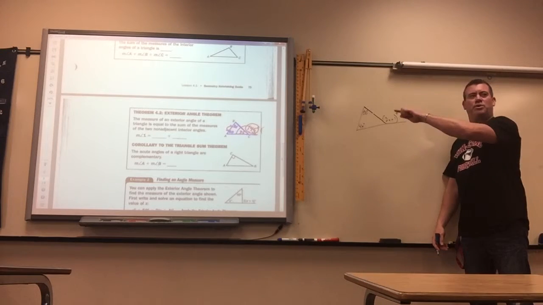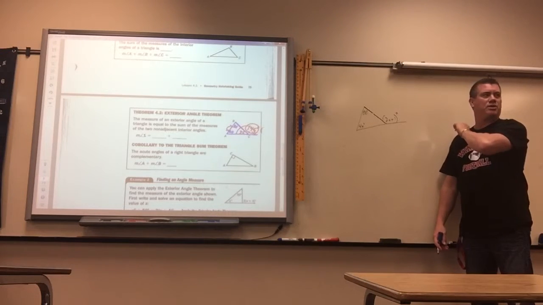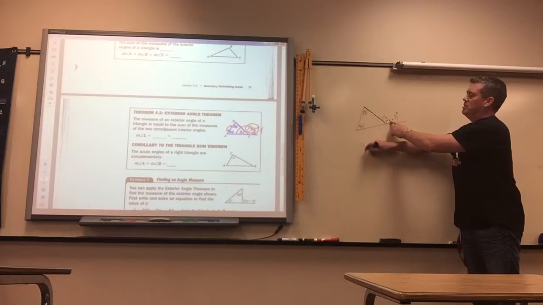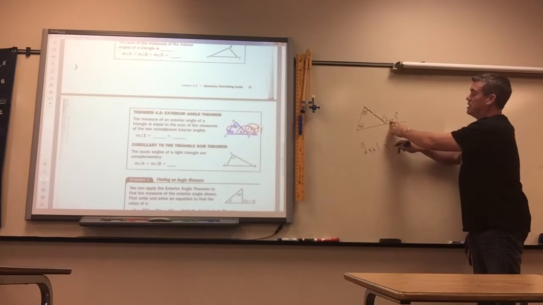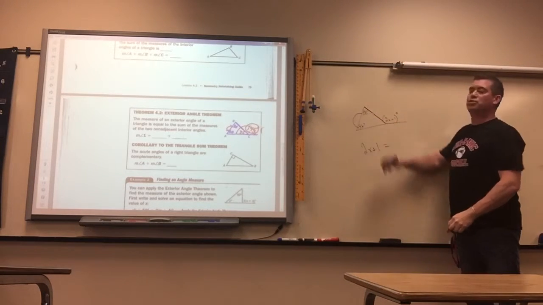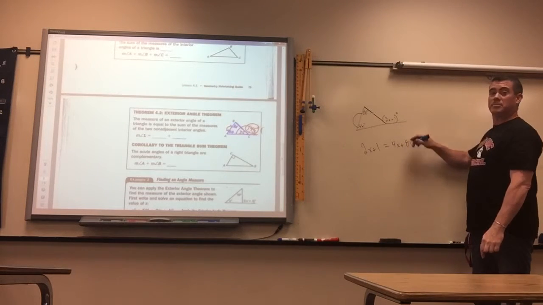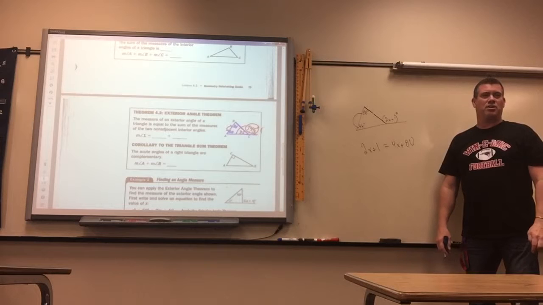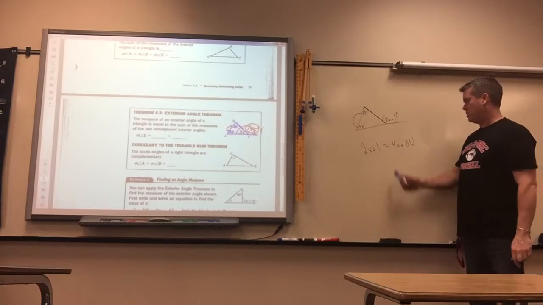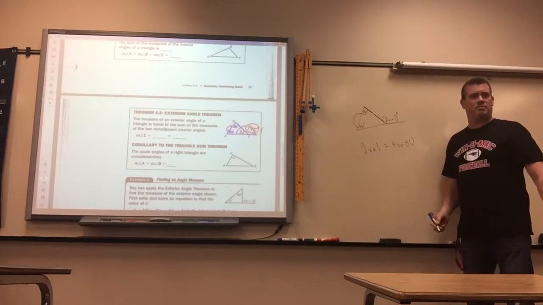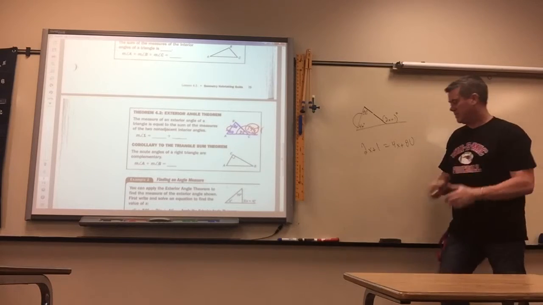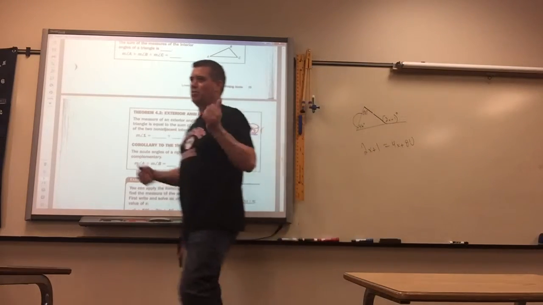So you need to know this theorem in order to figure it out. You need to know that an exterior angle is going to equal the other two interior angles added together. So you've got to write the equation and then solve it. So here we would just get the x's together, the numbers together, and then solve it. We don't have those yet, but that will be coming up.